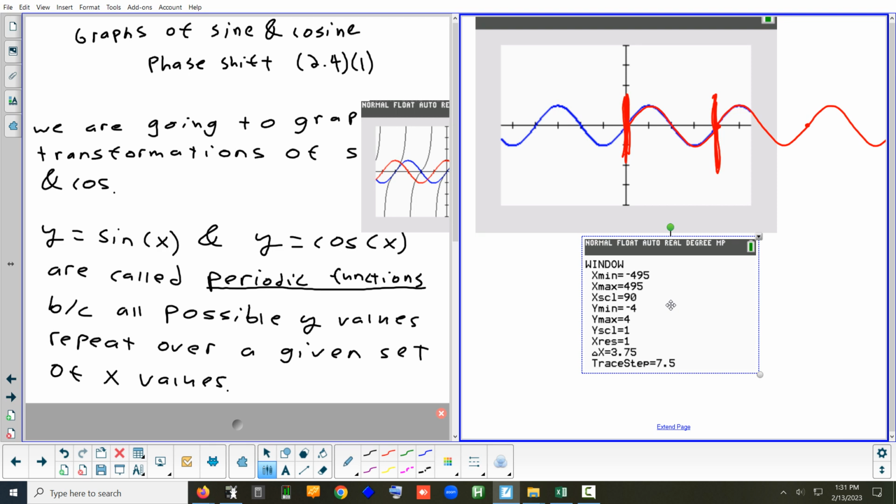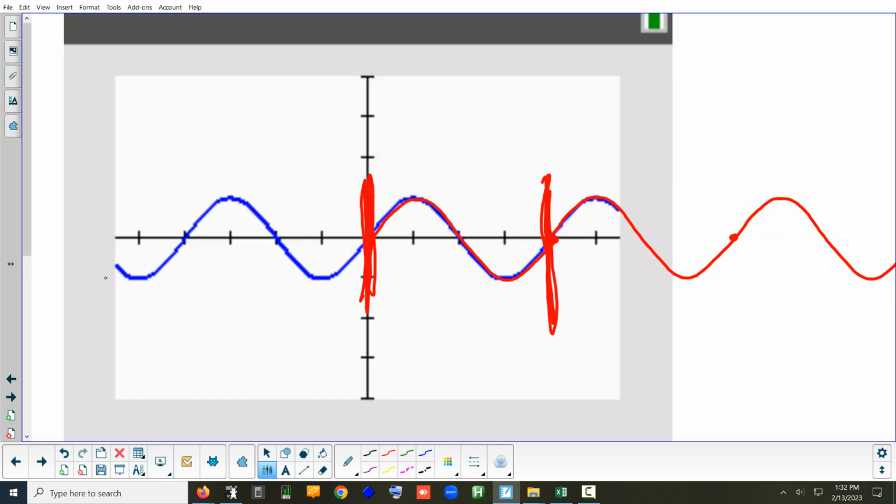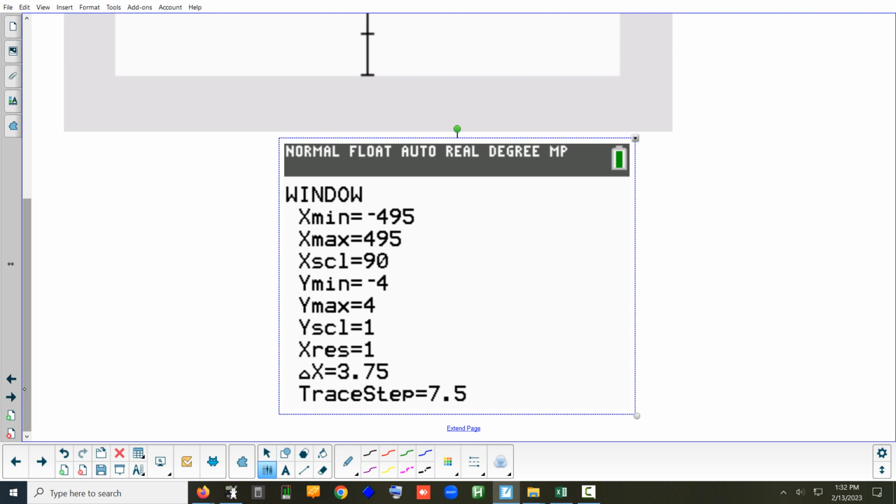Each tick mark on the x-axis represents how much? So what does it say for the x-axis? Each tick mark is how many units?